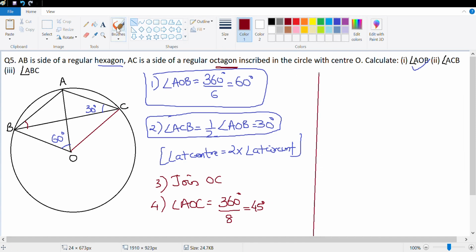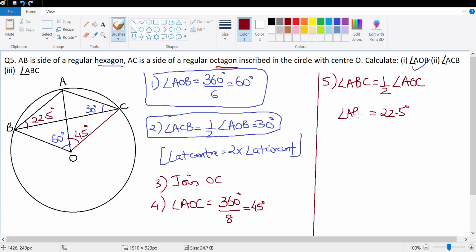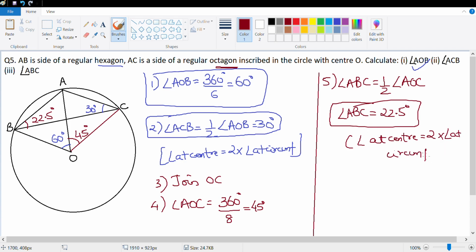We just spoke about it, angle ABC would be half of angle AOC. This is 45 degree, so this would be equal to 22.5 degree. This is 22.5 degree. Reason, again the same, angle at center is equal to 2 times angle at circumference.